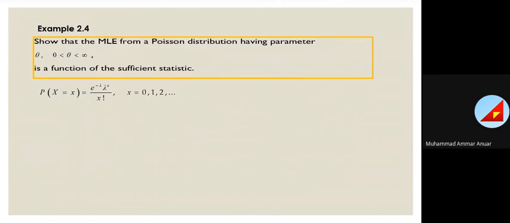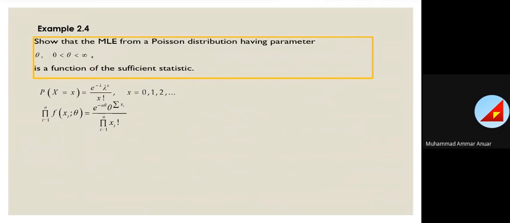To construct your MLE, first you construct your likelihood function, the joint PDF. That means we have e to the negative lambda, lambda to the x1 over x1 factorial, times e to the negative lambda, lambda to the x2 over x2 factorial, up to xn.